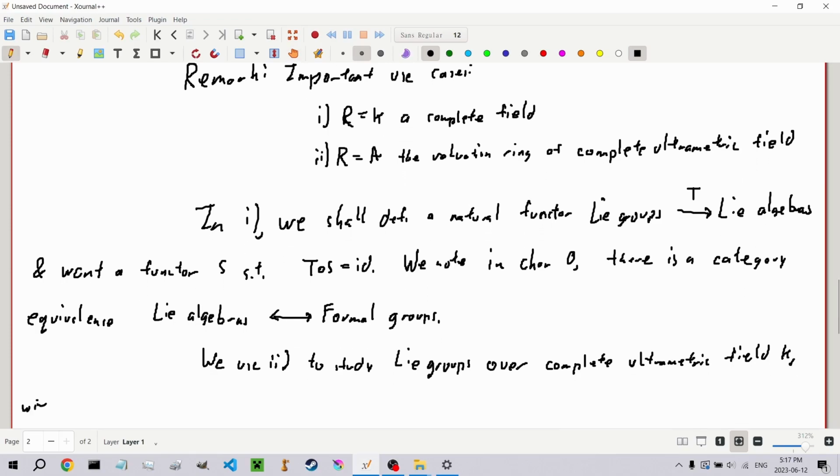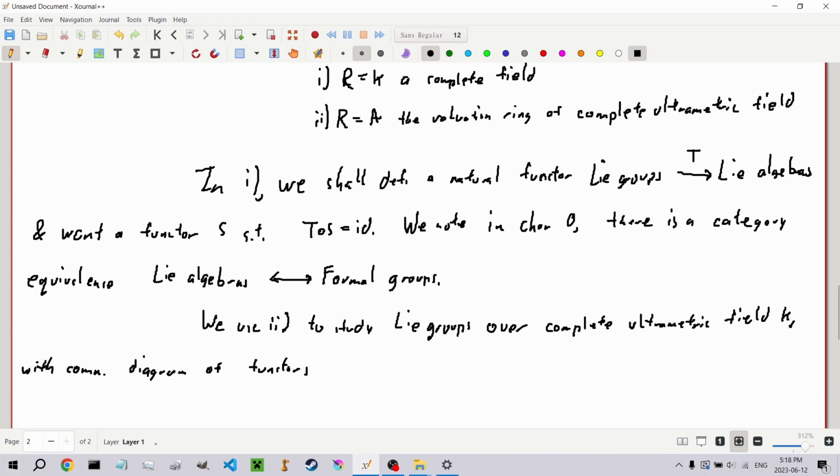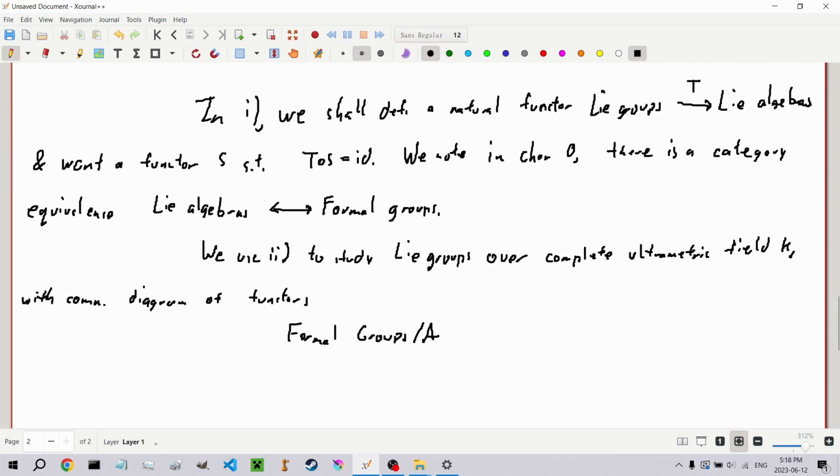With a commutative diagram of functors. So we have formal groups over A, formal groups over K, and we have Lie groups over K. We have, of course, a map from Lie groups to formal groups over K, and we have a map from over A to over K in either case.